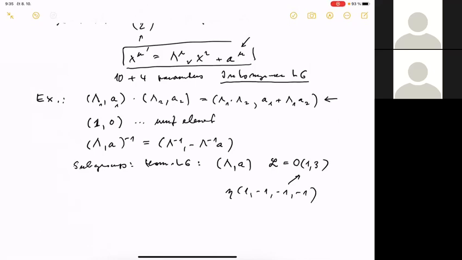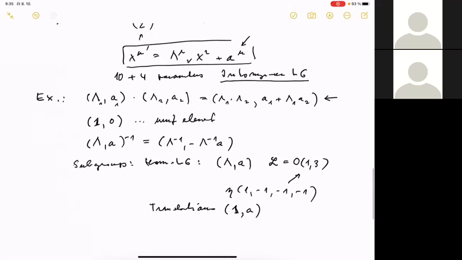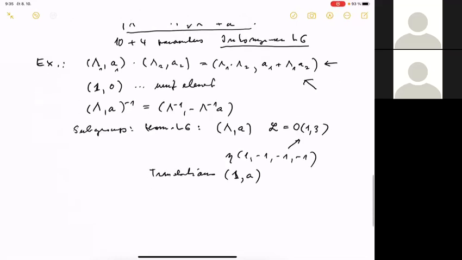There is also a subgroup which corresponds to space-time translations, and this is given by doubles 1, the unit matrix, and a.